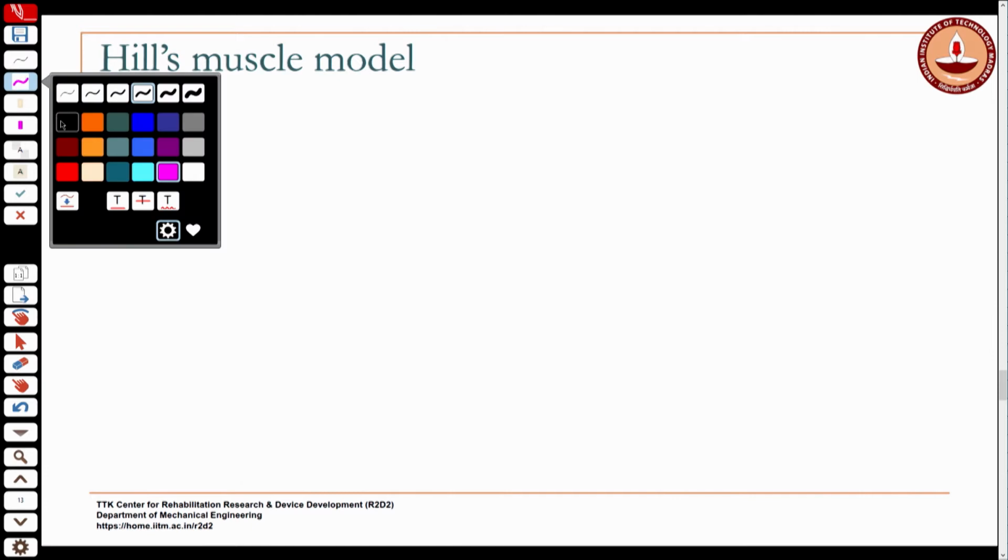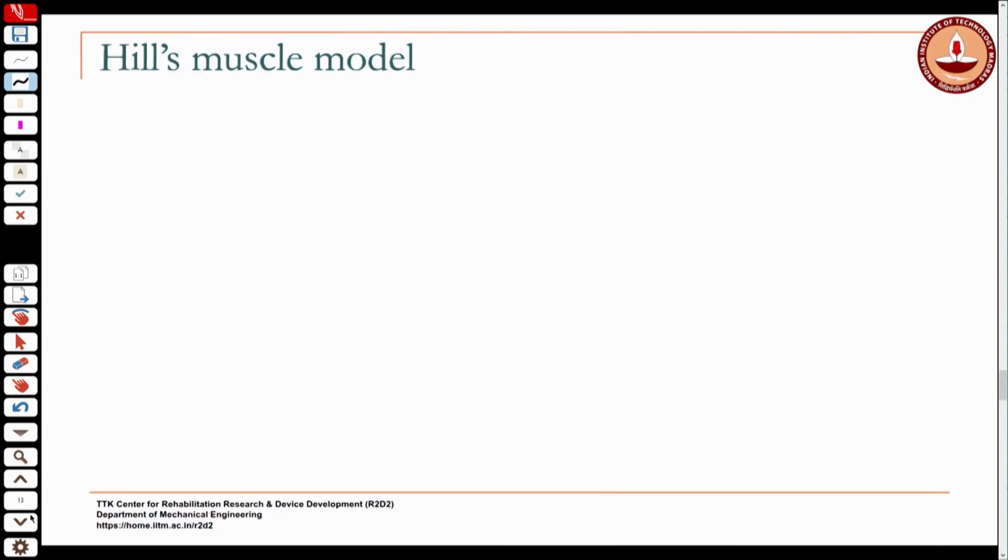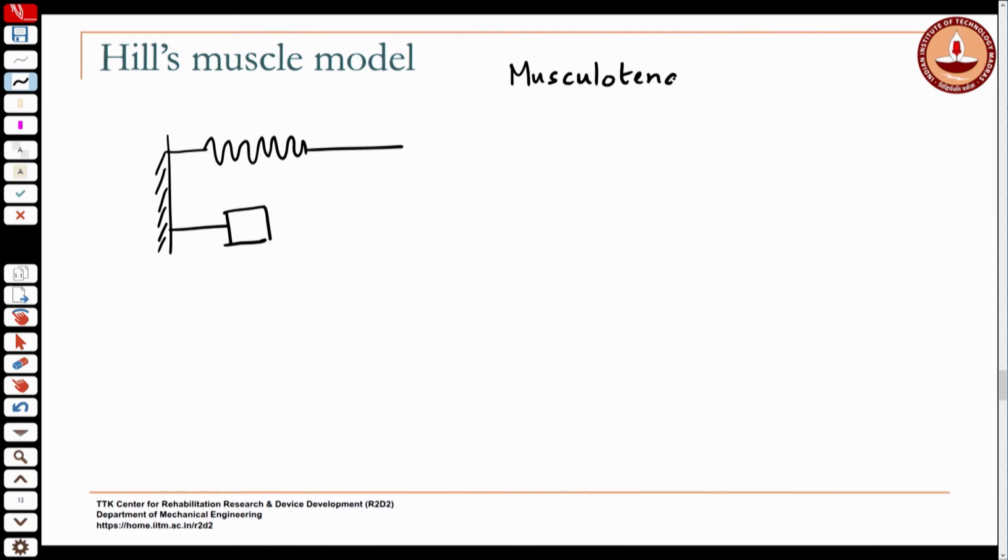So, Hill came up with this model for a muscle, and it is known as Hill's muscle model. The muscle, the whole muscle. So, this is for the muscular tendinous unit, it is for the entire muscle plus tendon.